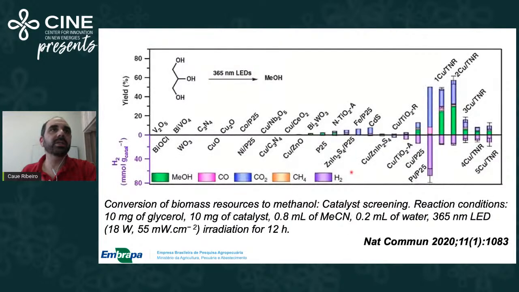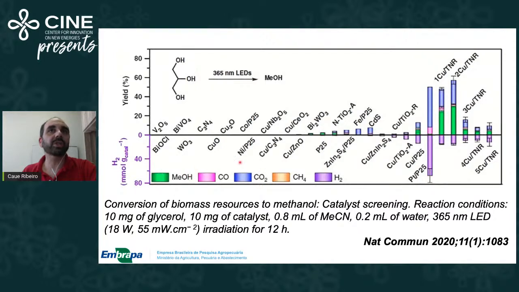The oxidation of glycerol has been studied in different materials, and you see examples in literature, for instance, the production of carbon monoxide, CO2, methanol, methane, and hydrogen. Hydrogen, specifically, is a byproduct of the total oxidation of glycerol, producing these products that you can see here.